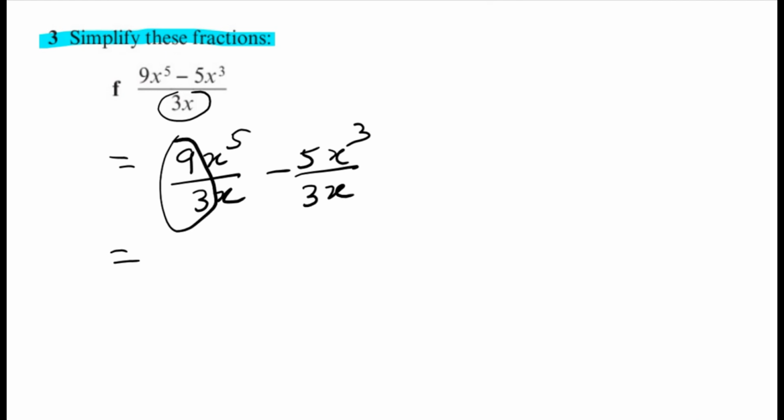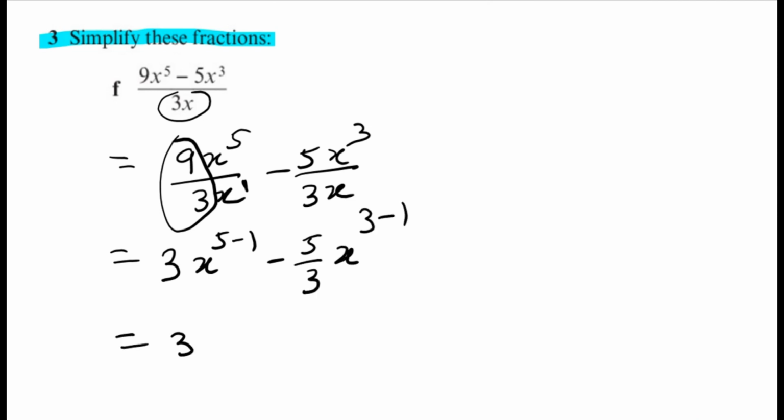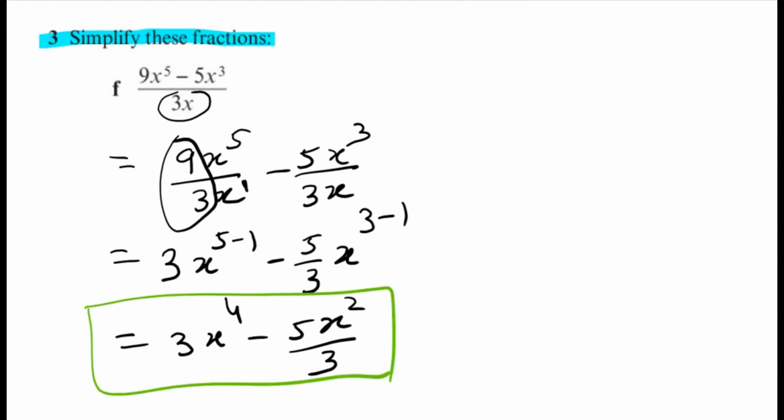Simplify 9 divided by 3, that will give me 3, and x power 5 minus 1. We have to remember when there is no power, always we have to say there is one power. Minus 5 over 3, x power 3 minus 1. So 3x power 4 minus 5x squared over 3. This is our final answer.